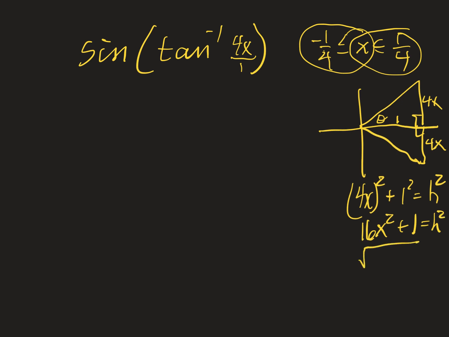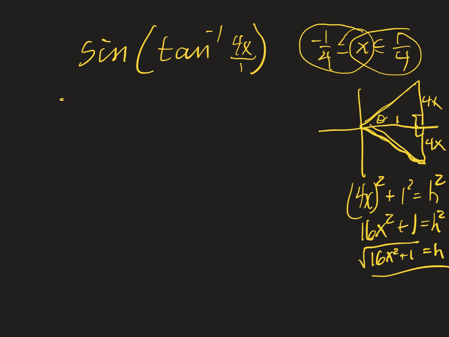So we get the square root of 16x squared plus 1 equals the hypotenuse. Okay? And I only get the positive one because I am referring to the hypotenuse. And it doesn't matter which triangle I'm using, I still get the same hypotenuse length.